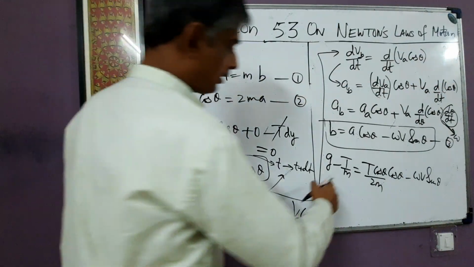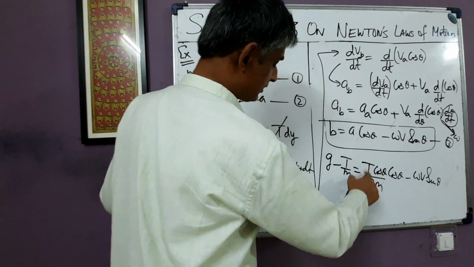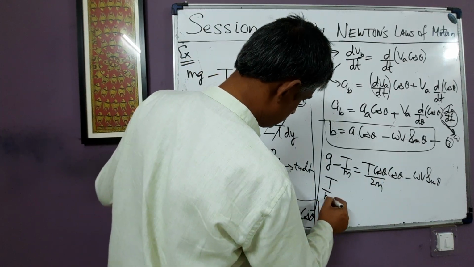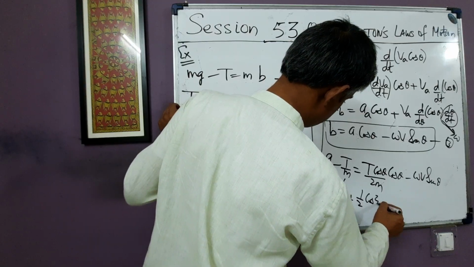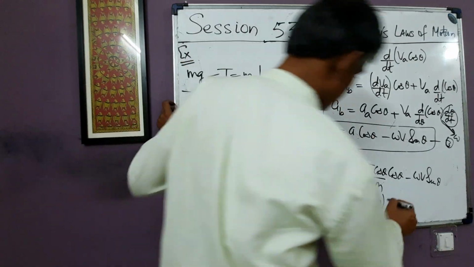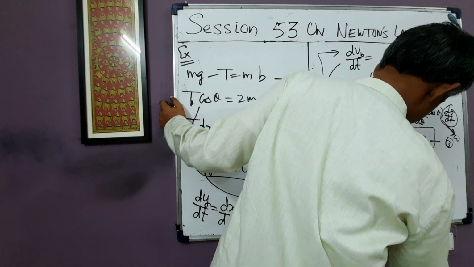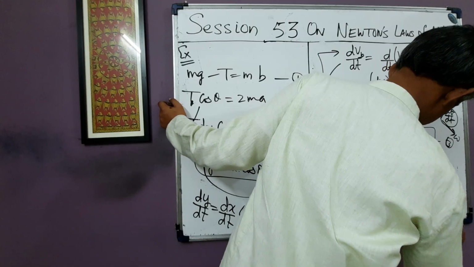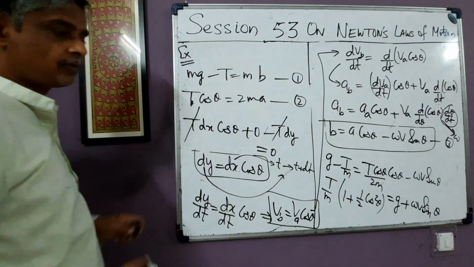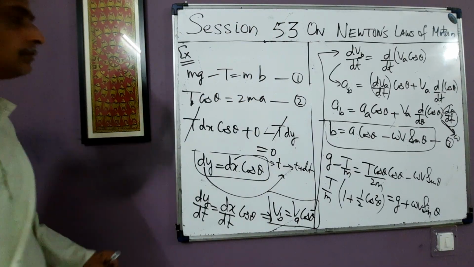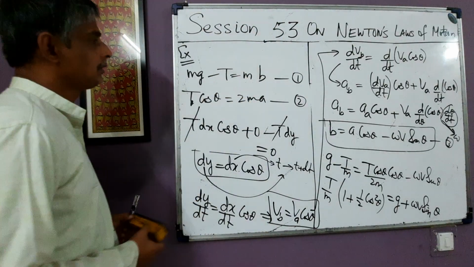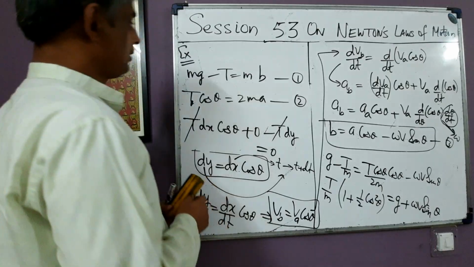Alright, now I take T by M on one side: 1 plus 1 by 2 cos square theta, that becomes G plus omega V sin theta.